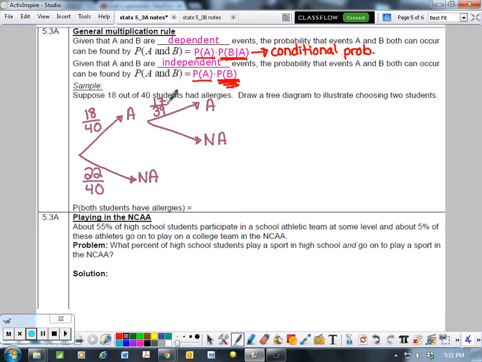But if my first person has allergies, I still have 39 to pick from the second time. And now, if 17 of the 39 have allergies, how many do not have allergies?